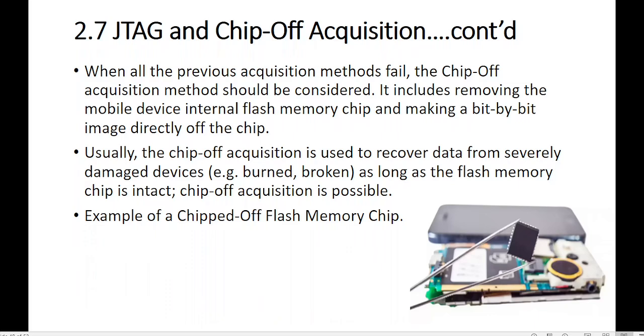Of course, you can analyze the ROM or the flash memory for some information, but it should be the last option you consider when doing the acquisition. It is best used when you are recovering data from severely damaged devices.